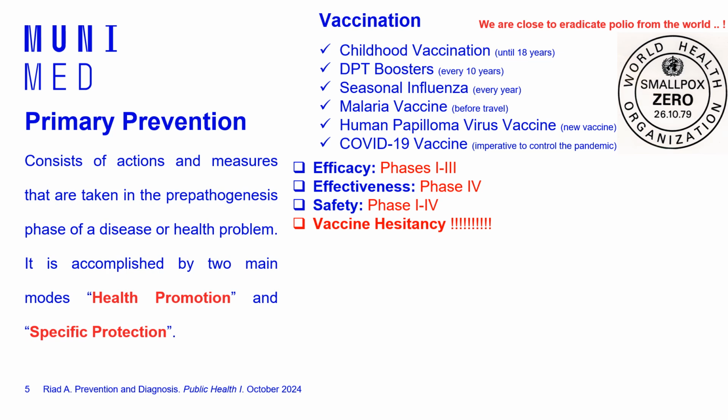Vaccine hesitancy is simply the delay in getting vaccinated although vaccine services are available. If you see someone who is hesitant or completely refusing to get vaccinated or vaccinate their children, even though vaccines are available in their community or city, we consider those people vaccine hesitant.